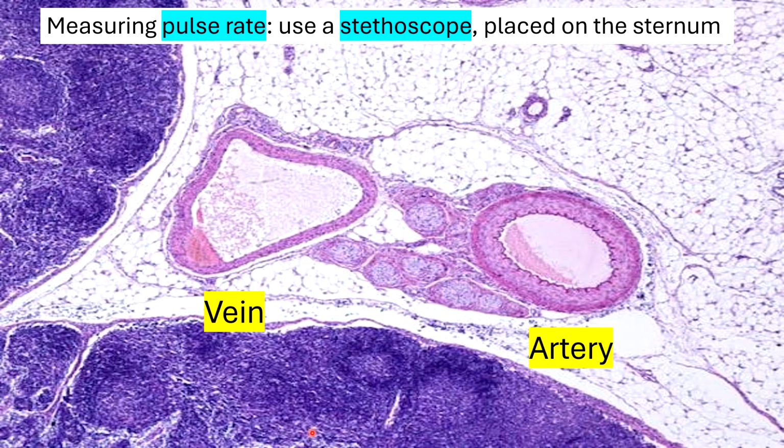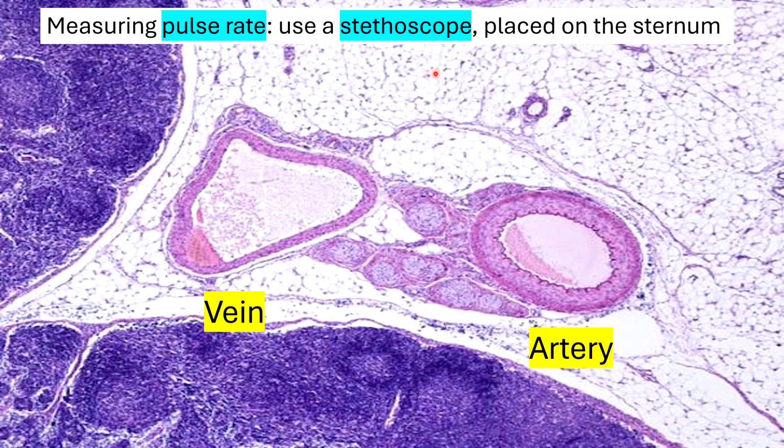Okay, now this is another little thing inside this topic. You need to know how to measure your pulse rate. Okay, you're measuring your heart rate. Remember that the most professional way of doing this would be to use a stethoscope. So when the doctor puts this device on your chest, okay, around the sternum, this would be a professional way.